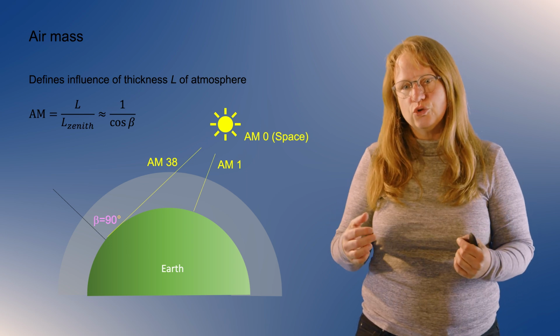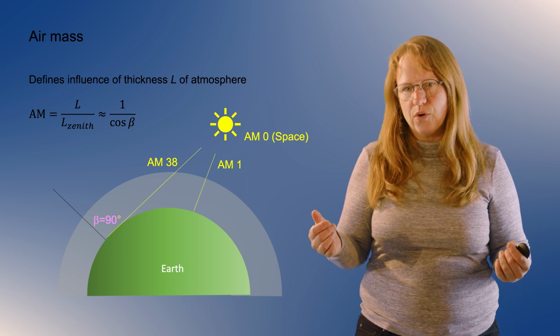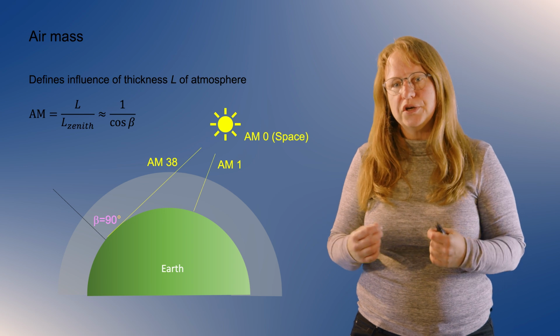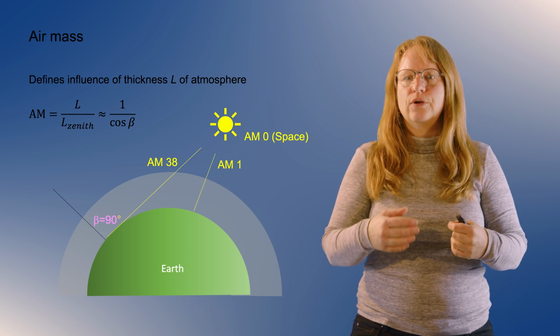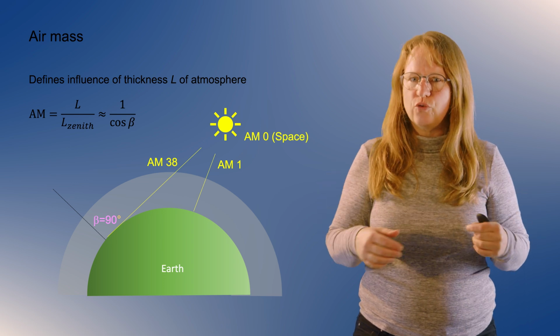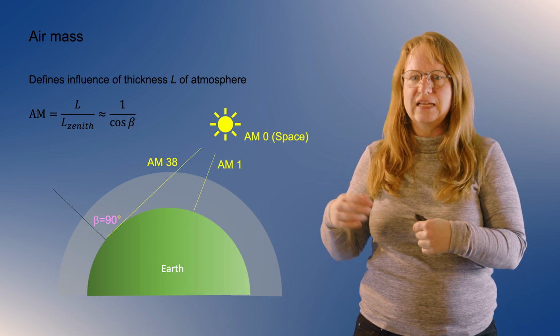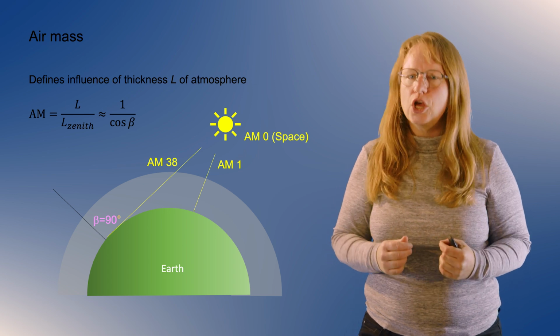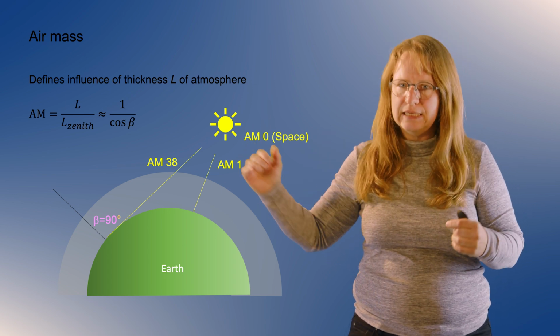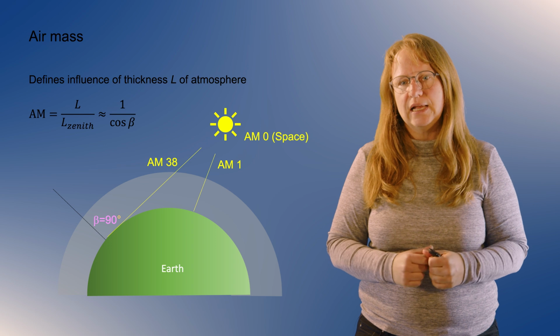That you don't do, because then you wouldn't have any comparability. So in order to test solar cells, you create well-defined conditions in the laboratory that exactly reflect air mass 1.5, for example, in order to have comparability between the different solar cell modules.